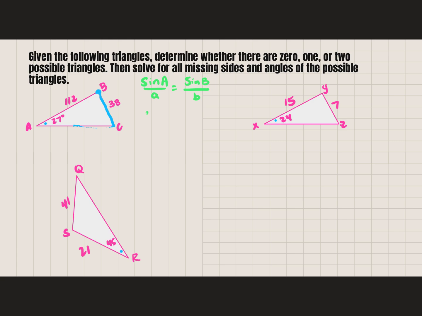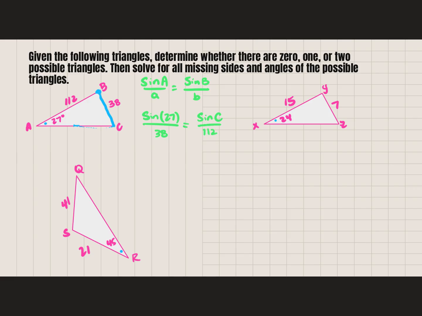I'm going to start with sine of 27, and I'm going to solve for my missing angle at angle C to start. So sine of 27 over 38 equal to sine of C over 112.